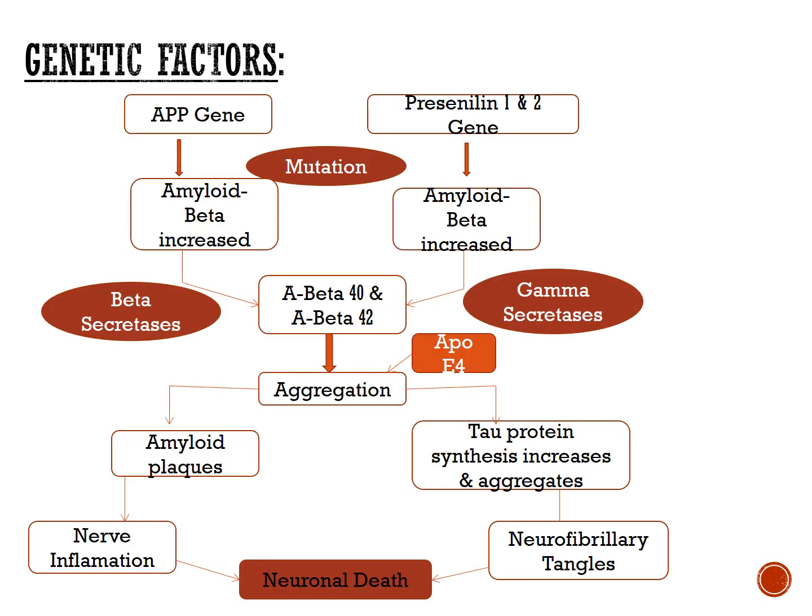Now let's see the role of genetic factors in the development of Alzheimer's disease. The most common genetic factors associated are mutations in the APP gene as well as presenilin 1 and 2 genes. These mutations lead to increased production of amyloid precursor protein. This amyloid precursor protein synthesis is increased and it accumulates in the CNS, and it is acted upon by enzymes like beta secretase as well as gamma secretase.